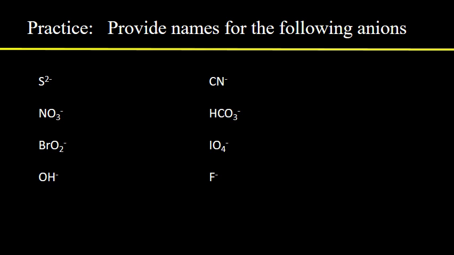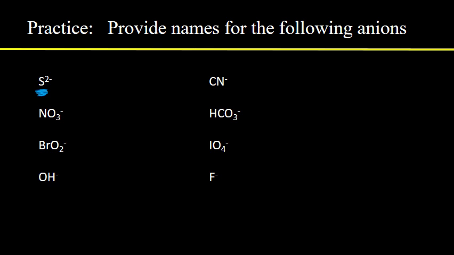This is a monatomic ion, right? It's just a sulfur. There's no oxygens. That means this is a simple anion. And if it's a simple anion, then you can just look at the periodic table. And if you look at the periodic table, you'll see that sulfur has 16 electrons. That's 2 fewer than argon, right?